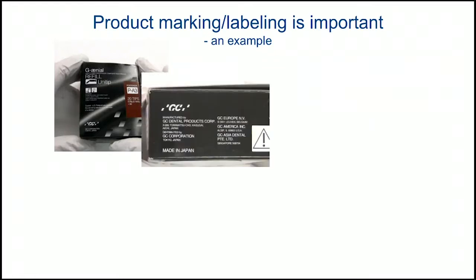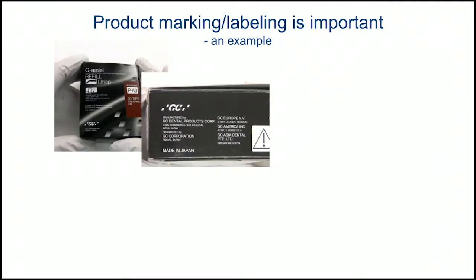Product marking and labeling is important. Here we have an example, a laboratory product from the company GC. It's a Japanese company. This is a composite product. If you look closely at the packaging, we'll see that this product is made in Japan.